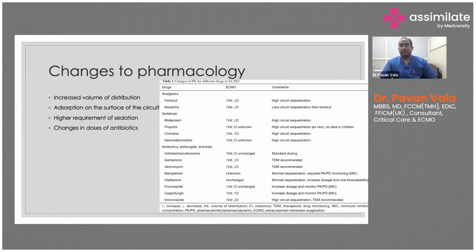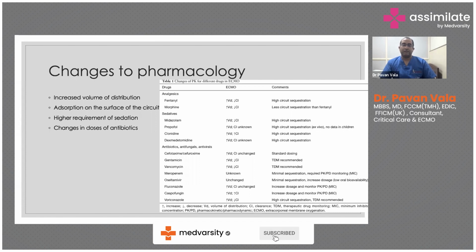The other important aspect of patient management is changes to pharmacology. Because you're putting a new circuit to the patient, it increases the volume of distribution of drugs. Also, because it's albumin and heparin coated, there's a lot of adsorption of drugs onto the circuit. So the volume of distribution changes, and also the action of these pharmacological agents decreases.